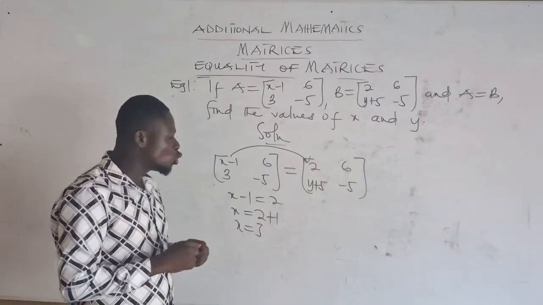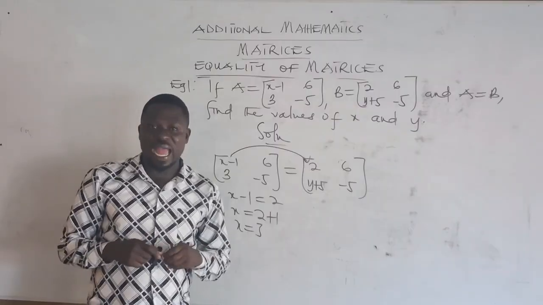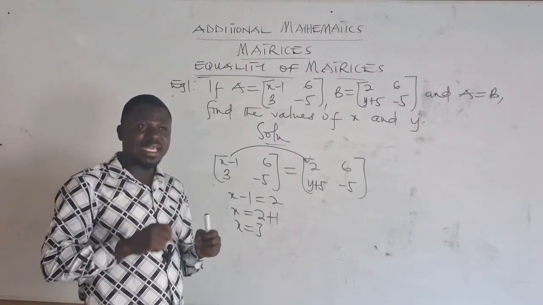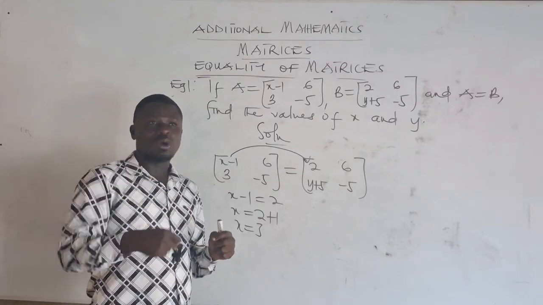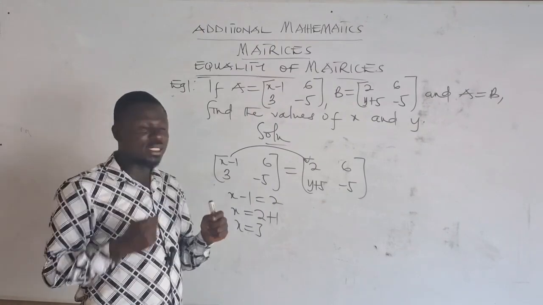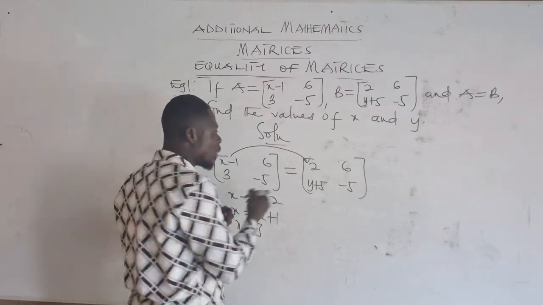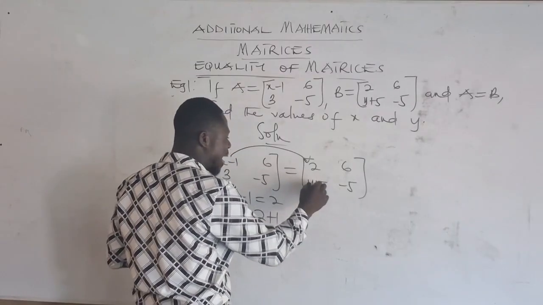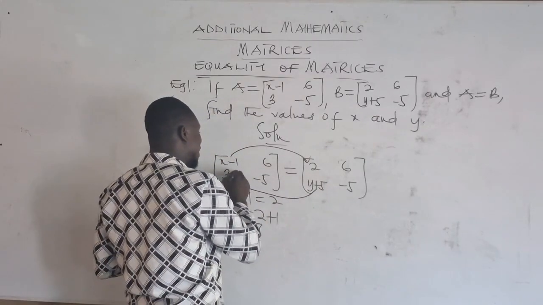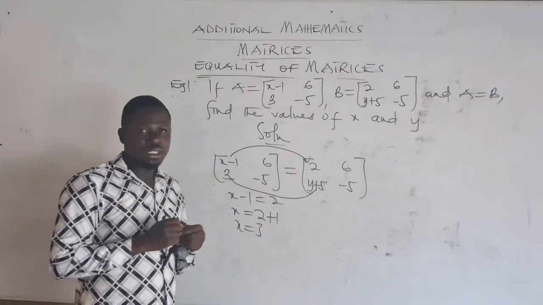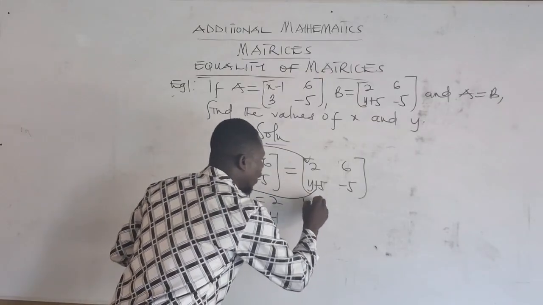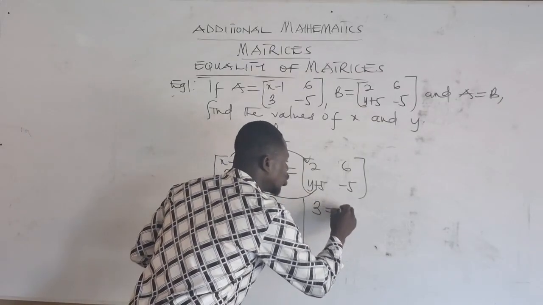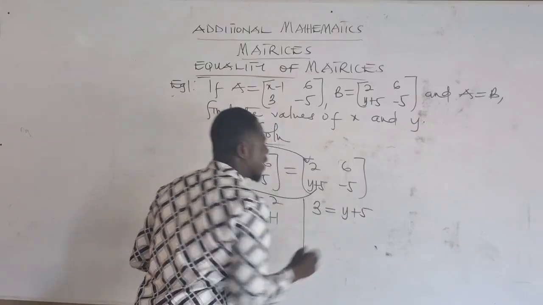Let's move on to finding the value of y. Now we locate the y where the problem is. So where do we have the y? The y is here. So the y here will be linked with this one because they are corresponding. So it means that our 3 will be equated to y plus 5.